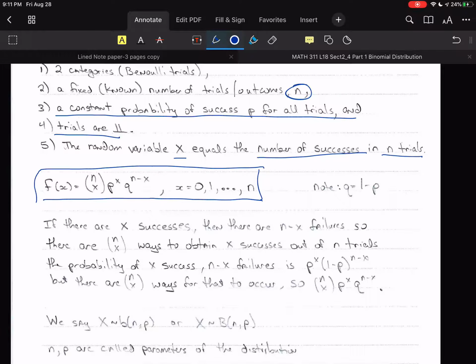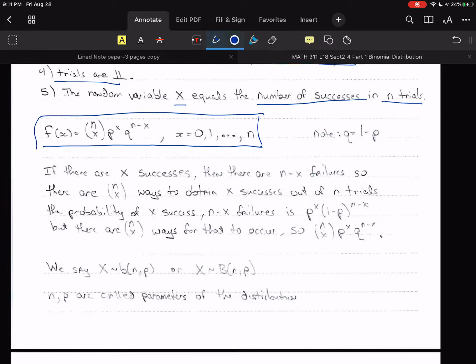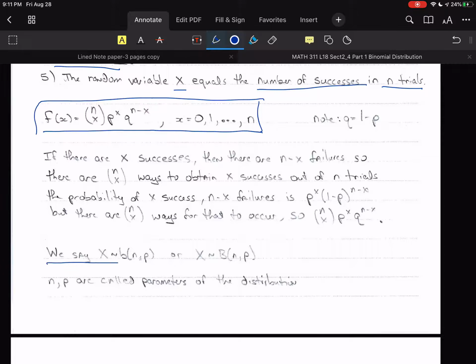So we have n choose x times p raised to the x, q raised to the n minus x. All right. And we will say that X has a binomial distribution. We can write that as X is distributed as a binomial with parameters n and p. We could also use a capital B. I've seen both used, so if you see one or the other, they usually mean the same thing, binomial distribution.